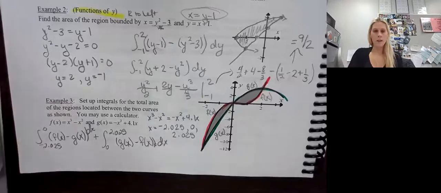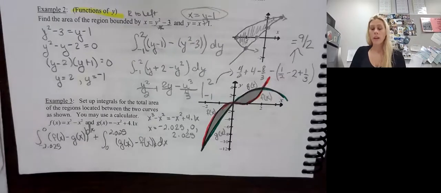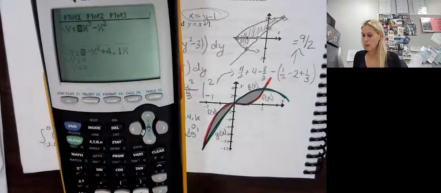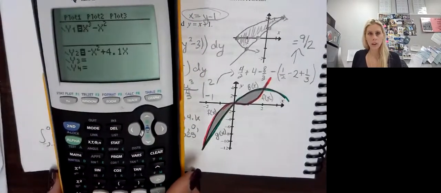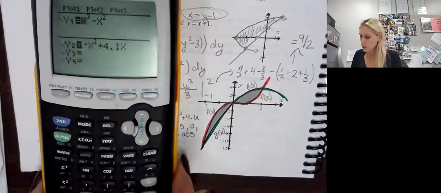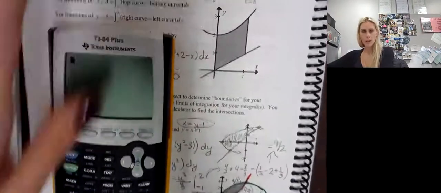Okay, it looks like I do need my calculator, which I don't have right now, so I should borrow one of my own. I already put in y1 that first function, that f of x, and that second function in y2. So now I'm going to go back to my original screen. There we go.